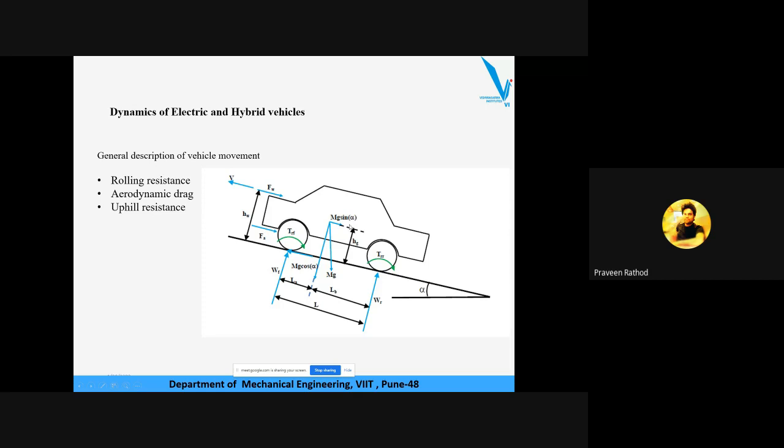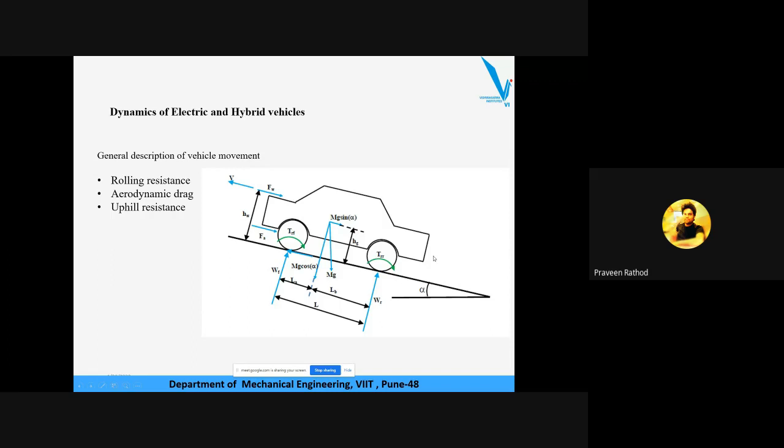This is only a single vehicle. Once we attach a trailer to this vehicle, again forces will be added. We call it the drawbar pull, which acts in the opposite direction.